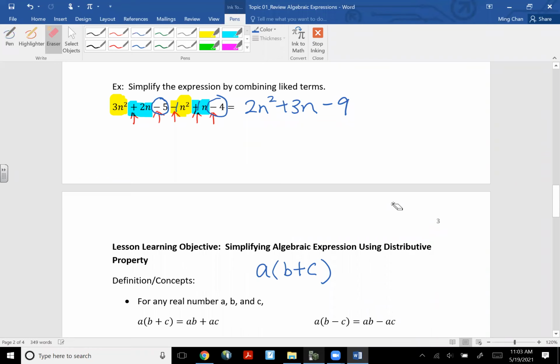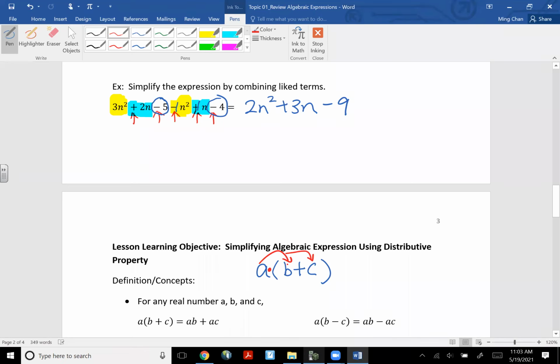If you go by order of operations, you're supposed to do the operation inside the parentheses first. But what happens if you cannot do that operation? Then the next thing you can do is use multiplication. The distributive property says we take the A on the outside, whatever numerical value we have on the outside, times both of these terms on the inside.